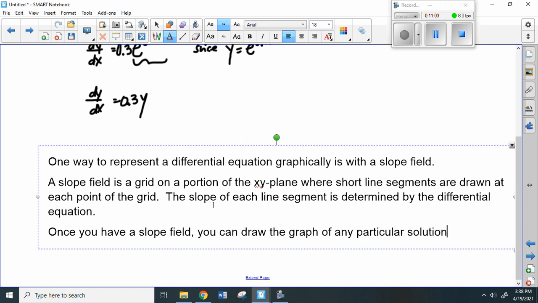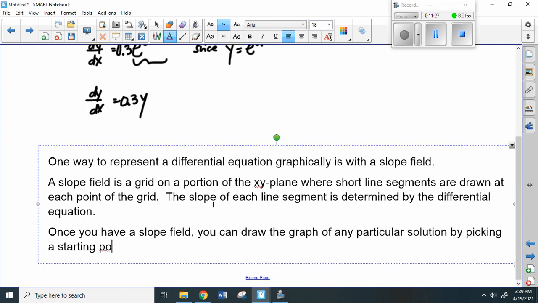A slope field gives you a visual representation of the solutions to the differential equation, and it represents a family of curves. Once you have that slope field, you could draw the graph of any particular solution by picking a starting point.